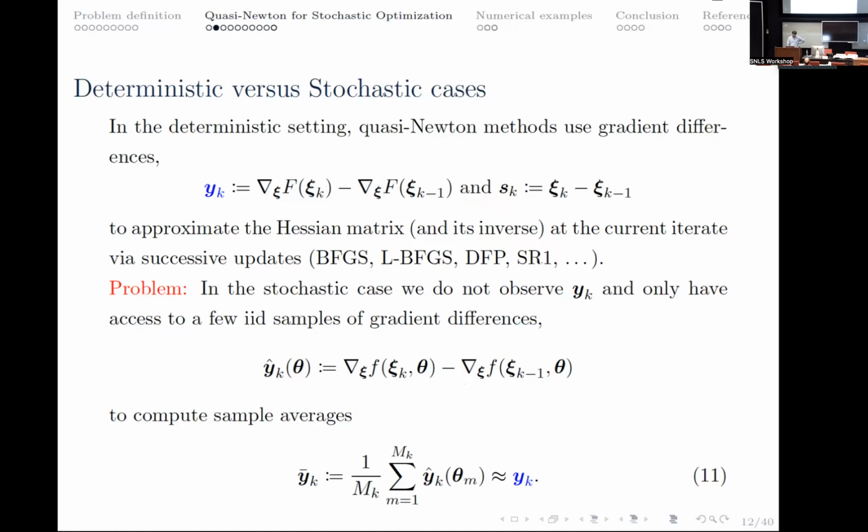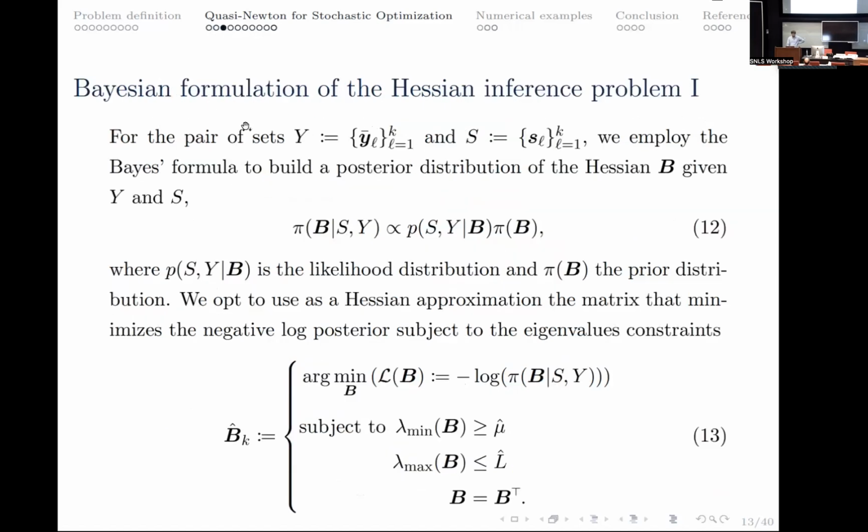And okay, now how do we use this information to build a Hessian approximation? Well, we use Bayesian inference. In fact, to formulate this problem here, we gather all these y bars in a set Y, and we gather all these s's in a big set S. And then we use Bayesian inference to build a posterior distribution of matrices B given S and Y by constructing a likelihood distribution of observing the curvature pairs, as we call them, given B, and the prior distribution of B, where we encode the knowledge that we have about this matrix a priori.